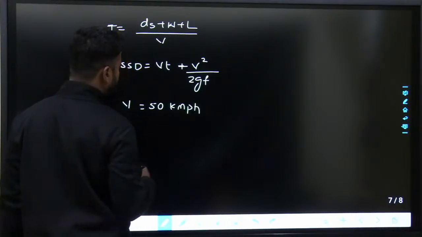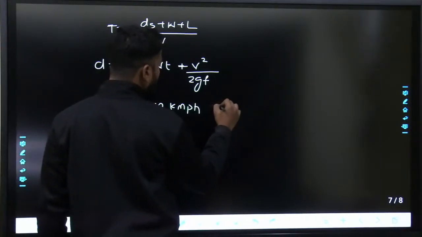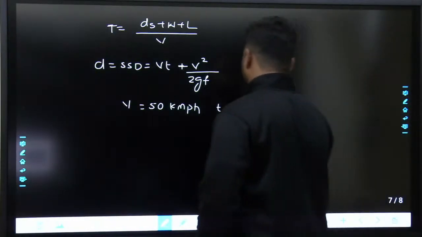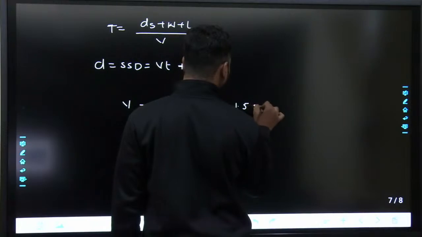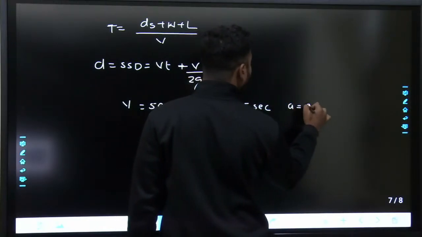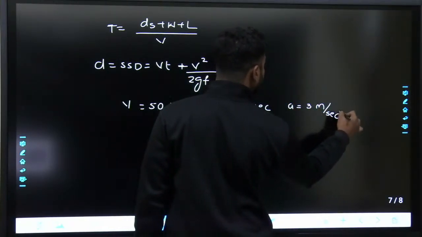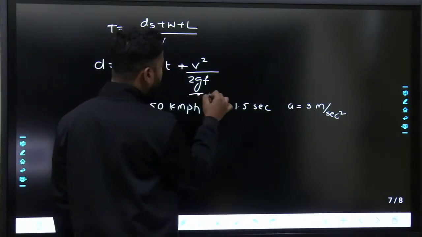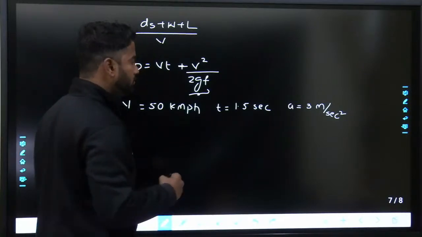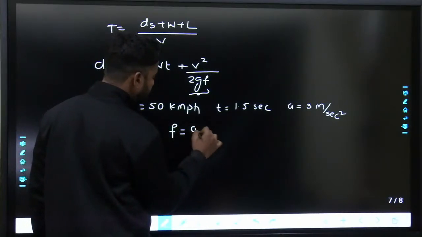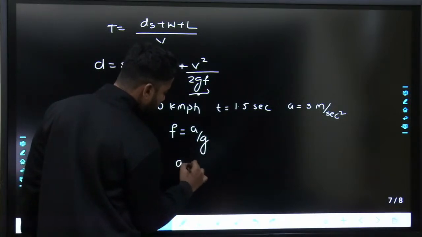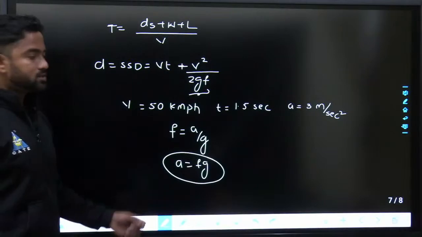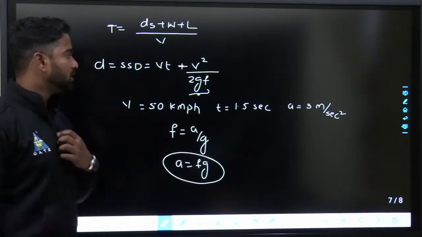Reaction time is given as 1.5 seconds. A is given to you, acceleration as 3 meters per second square. F is not given, A is given. If you remember, F equals A upon G, so A equals F times G. In the brake efficiency test, we have proved this.